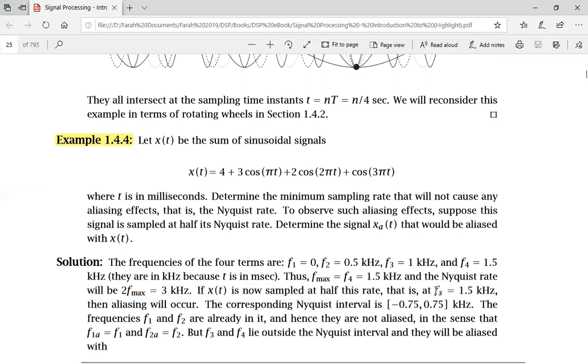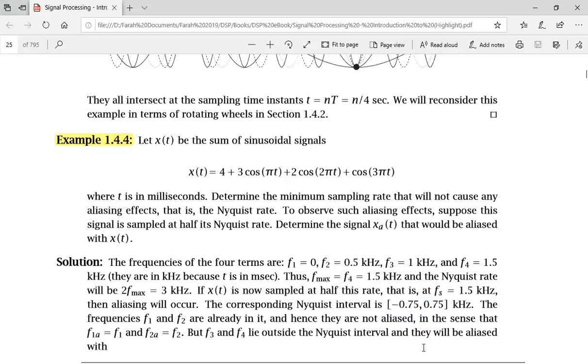It would be 1.5 kilohertz. The required sampling rate is 3 kilohertz and you are undersampling it at 1.5 kilohertz, so the respective Nyquist interval would be plus minus fs by 2. That is, for 1.5 kilohertz, it would be minus 0.75 and plus 0.75.